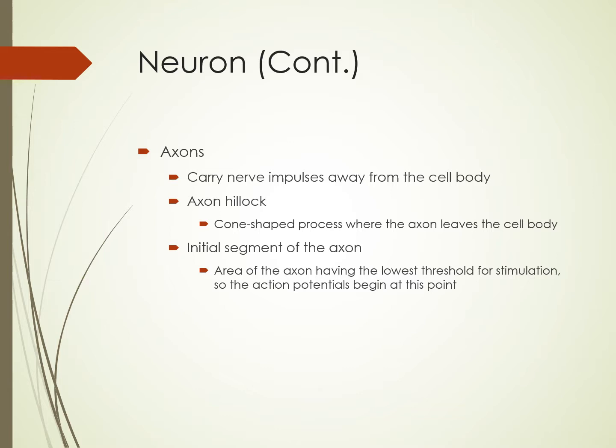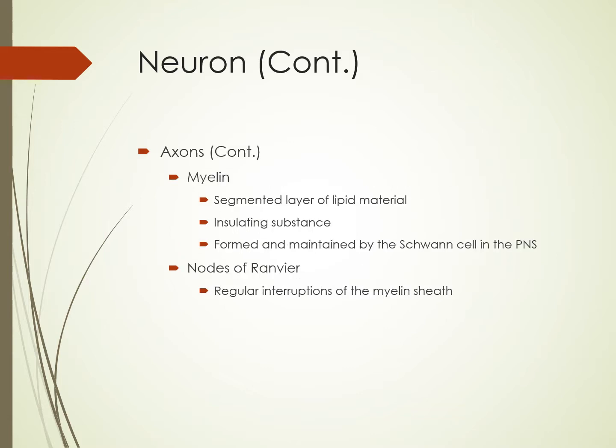Axons carry nerve impulses away from the cell body, and they have a myelin sheath that covers them. It's an insulating substance that protects them, and that's one of the issues with some disease processes like multiple sclerosis. It causes a deterioration of the myelin sheath.